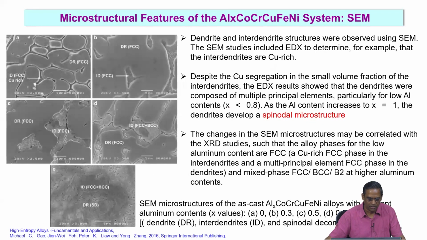And now we look at the microstructure again as a function of aluminum content, how it varies. What you are seeing is an SEM secondary electron image of the as-cast aluminum, cobalt, chromium, copper, iron, nickel alloys with different aluminum contents. A is 0 aluminum, B is 0.3, and then C 0.5, 0.8 and 1.